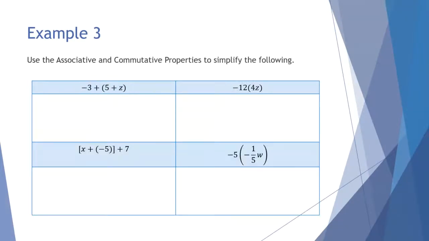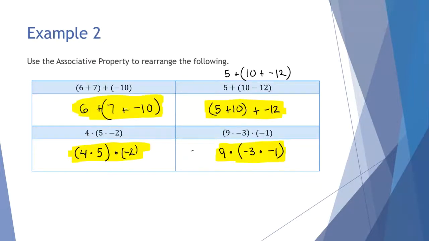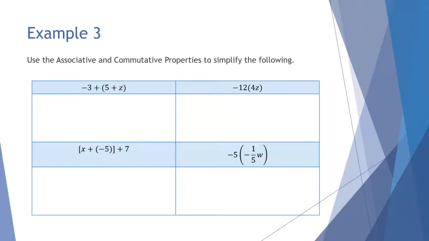Okay, so doing that is not really helpful when you just have numbers, but this is how we simplify things with variables, which are these letters. We use these properties. On the top left here, I have -3 plus, and then grouped together 5 plus z. Order of operations, I'm going to write this down, is PEMDAS.